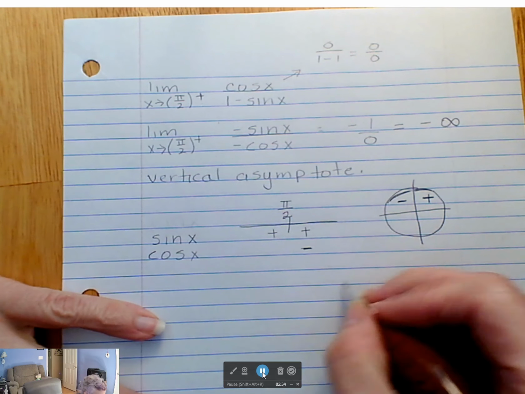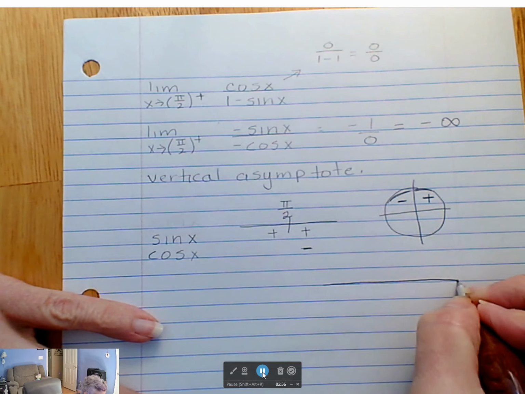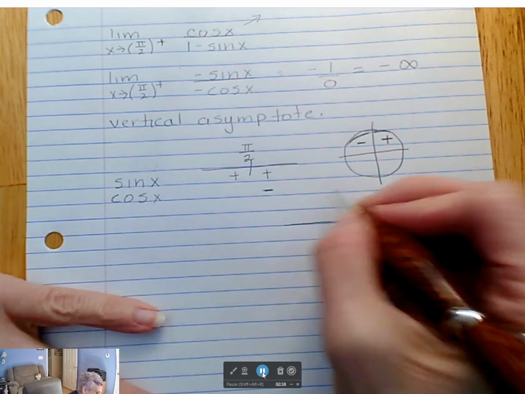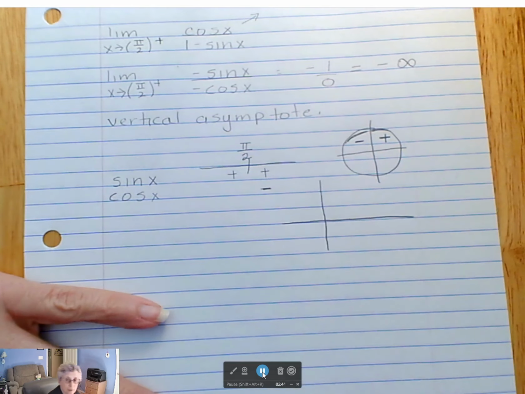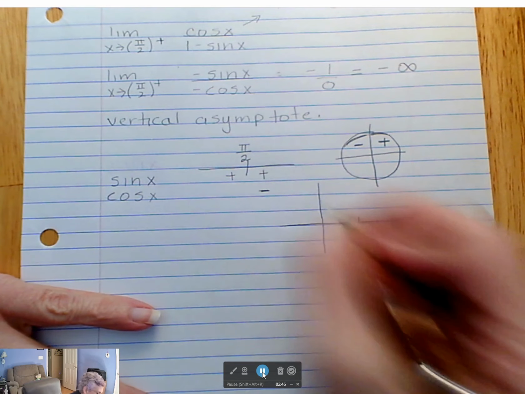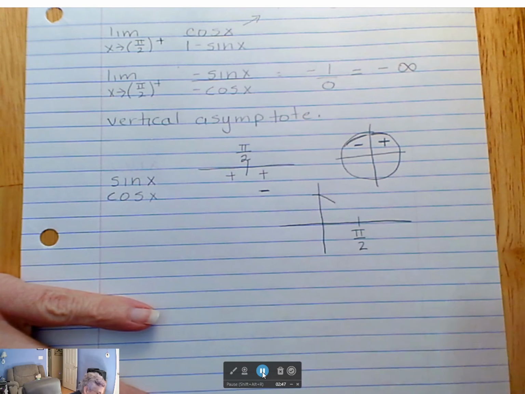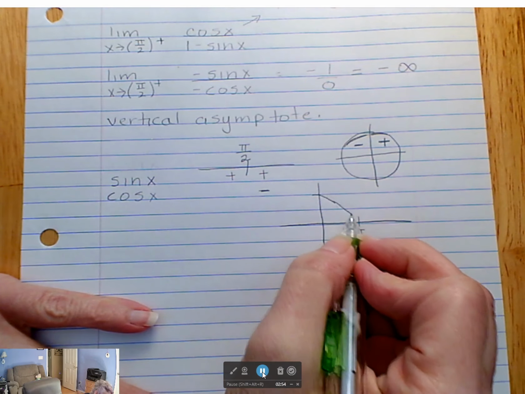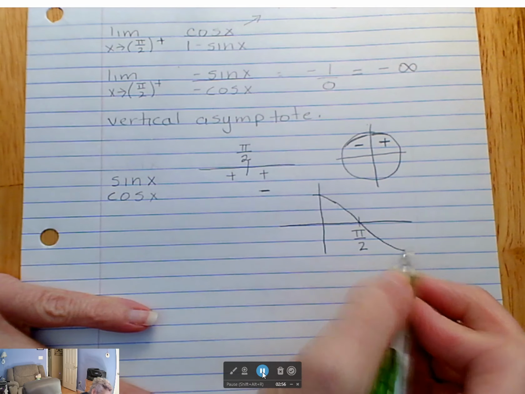Might make you happier, instead of looking at it on the unit circle, to look at the graph of cosine. Starts up here at 1, goes down and hits the x-axis at pi halves, decreasing.